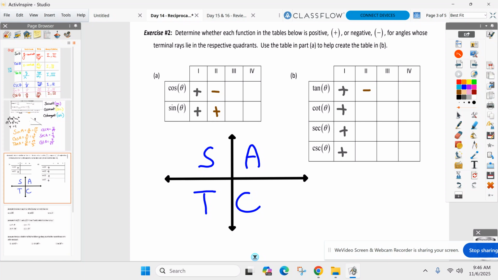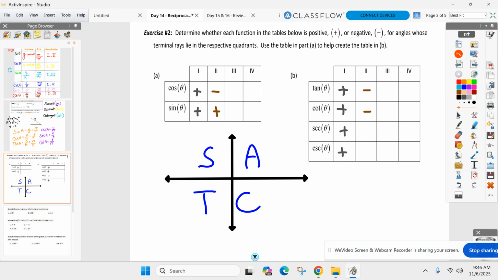Tangent. What did we just say about tangent? So it'll also be negative. Everyone see, whatever it's paired up with, it's got the same sign.